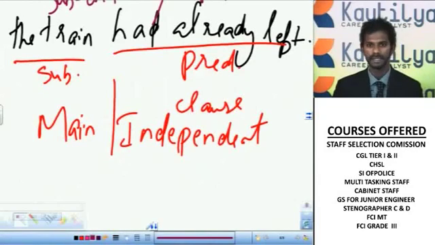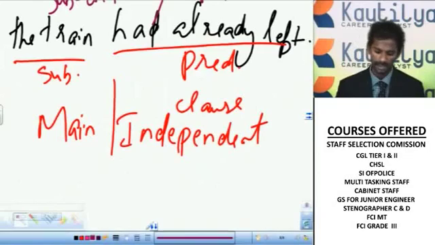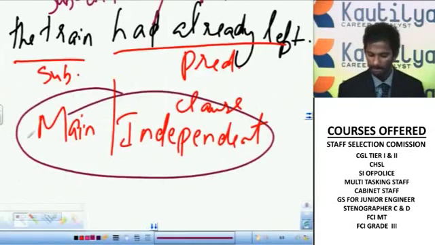It makes a complete sense. Right? So any clause that makes a complete meaning or a complete sense is termed as the main clause or the independent clause.